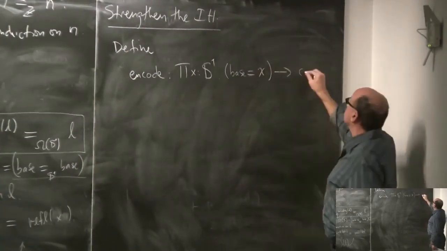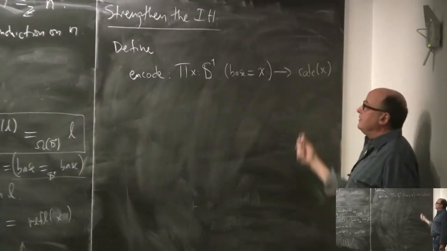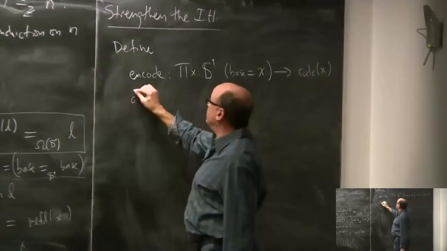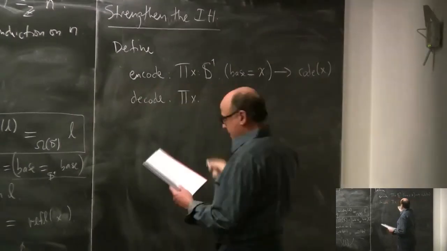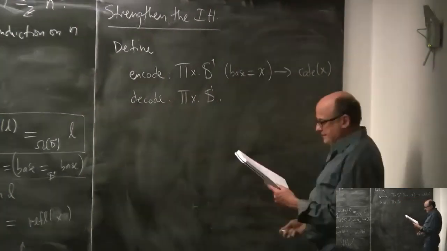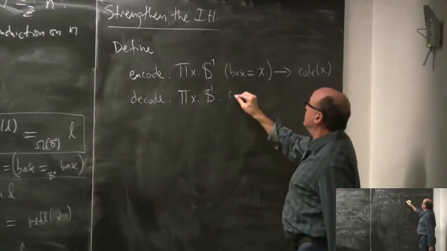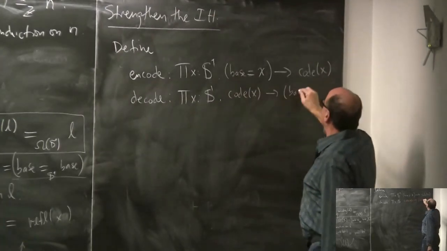So we can define it like this. We define this, which is code of x, okay, like that. And we define decode, which takes x in the S1. So the point is the for all x's now here. And this goes code of x, arrow base equals x.